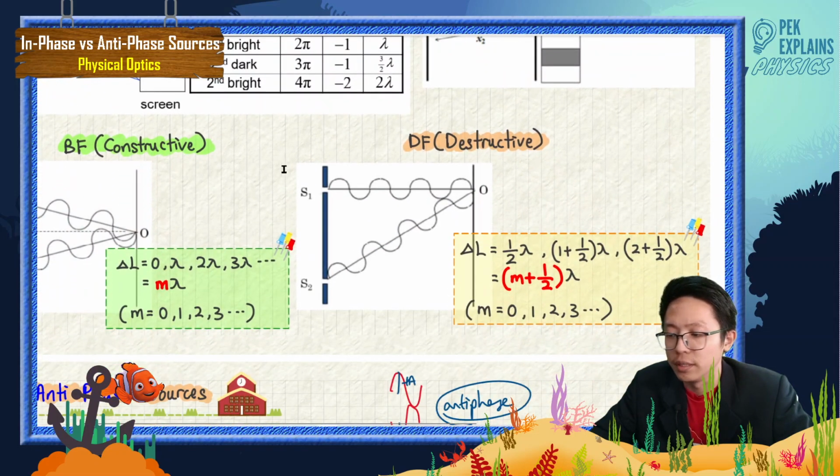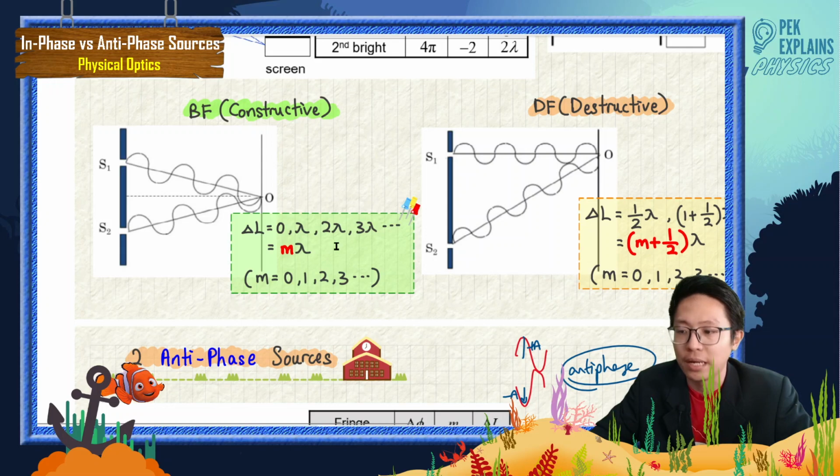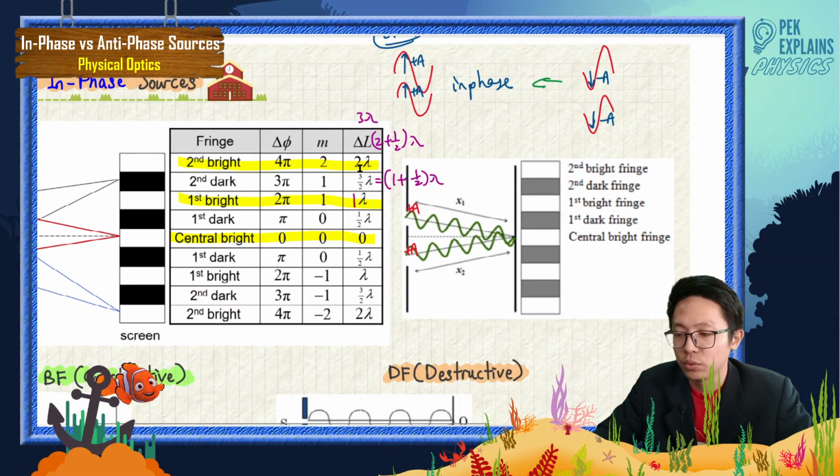Whatever follows the pattern of m lambda, 0 lambda, 1 lambda, 2 lambda, 3 lambda, forms a bright fringe. The m can be substituted with 0, 1, 2, 3, and so on. They form the central bright fringe, first bright fringe, and second bright fringe.